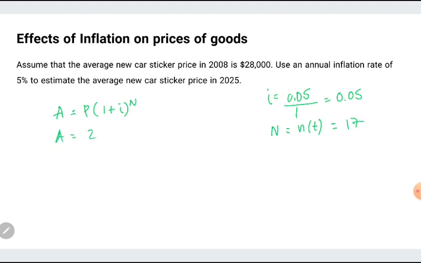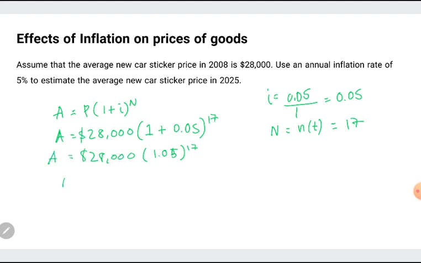So how much is it today? 28,000. I want to know how much will it be in the future in 17 years' time. This is in dollars. Okay. What is 1.05 raised to the 17th?